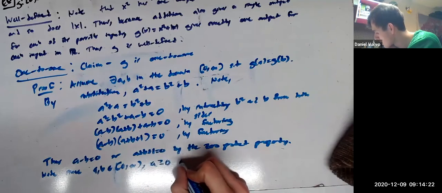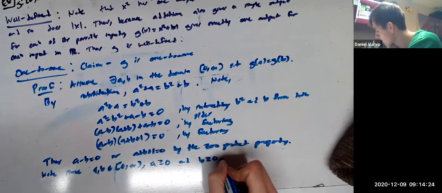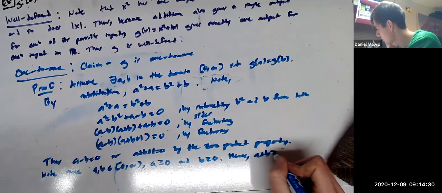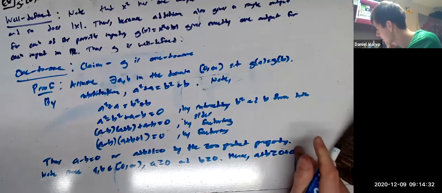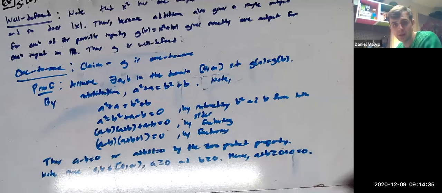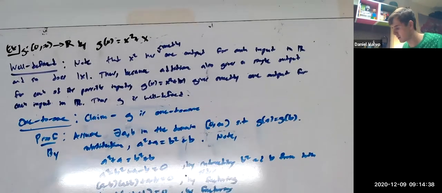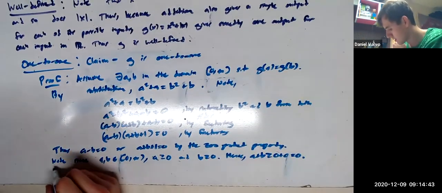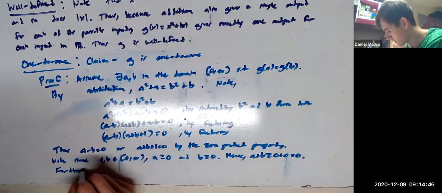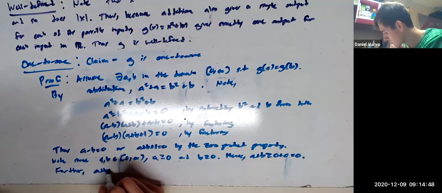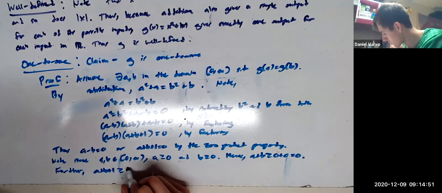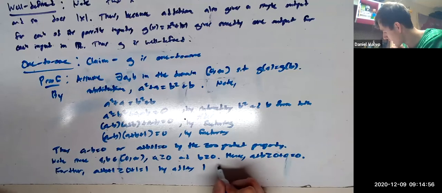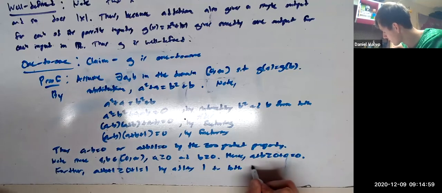Anyway, note since a and b are in 0 to infinity, a must be greater than or equal to 0 and b greater than or equal to 0. Hence, a plus b is greater than or equal to 0 plus 0, which just equals 0. So a plus b is definitely greater than or equal to 0. And then a plus b plus 1 is greater than or equal to 0 plus 1, which equals 1, by adding 1 to both sides.